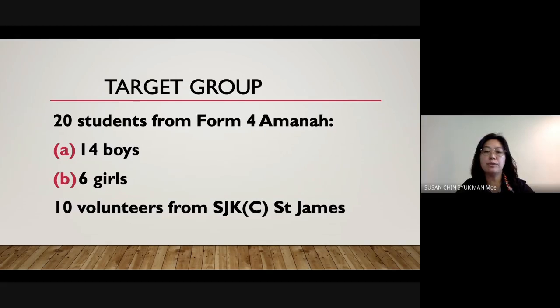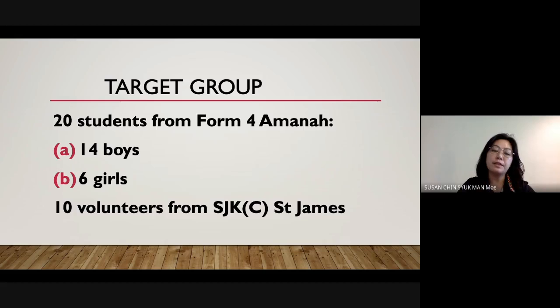I have two different target groups. The first group was 20 students from my own class, consisting of 14 boys and 6 girls. And in addition, I have 10 volunteers from SJKC St. James, ranging from primary 3 to primary 6.